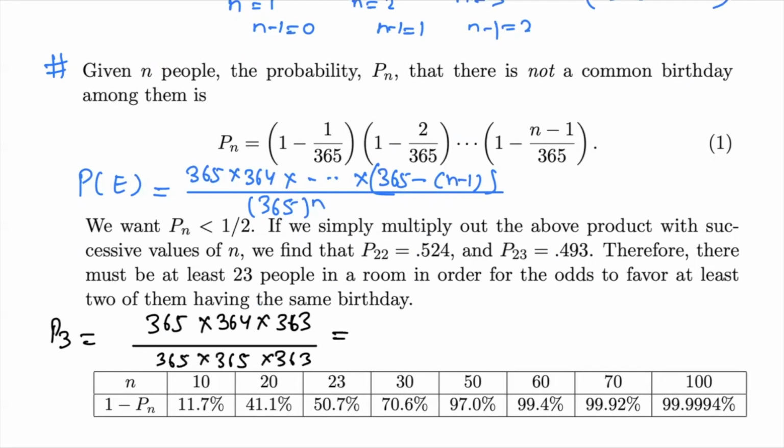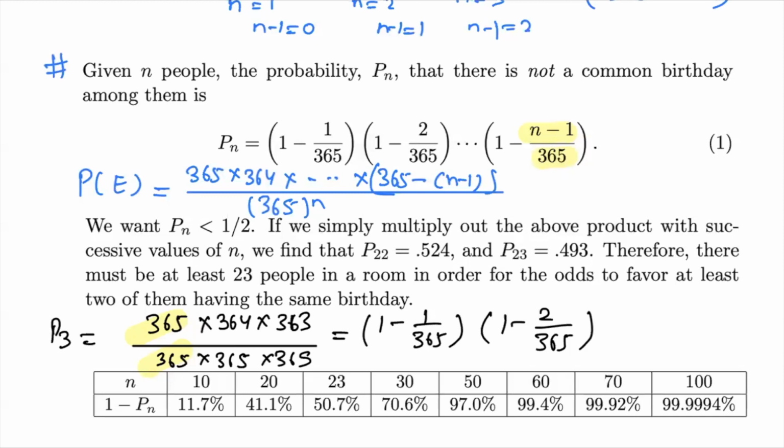And if you calculate, the first term 365 may cancel out. 364 you can write as 1 minus 1 upon 365. Check, simplification will give you the answer. Second, 363 by 365, it is a mistake, it should be 365. I'm sorry. The second expression you can rewrite as 1 minus 2 upon 365. So if you have n persons there, you have to go up to n minus 1 divided by 365. It is an expression here.